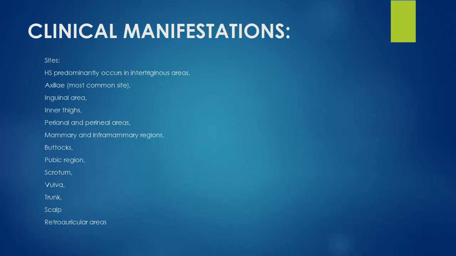Clinical manifestations. Sites. HS predominantly occurs in intertriginous areas. HS can affect the axillae, most common site, inguinal area, inner thighs, perianal and perineal areas, mammary and inframammary regions, buttocks, pubic region, scrotum, vulva, trunk, and, occasionally, the scalp and retroauricular areas.